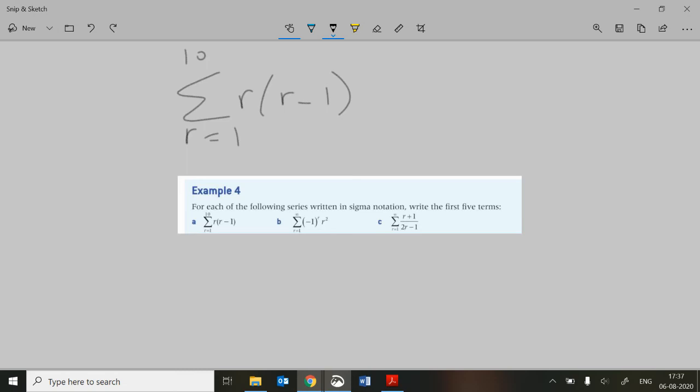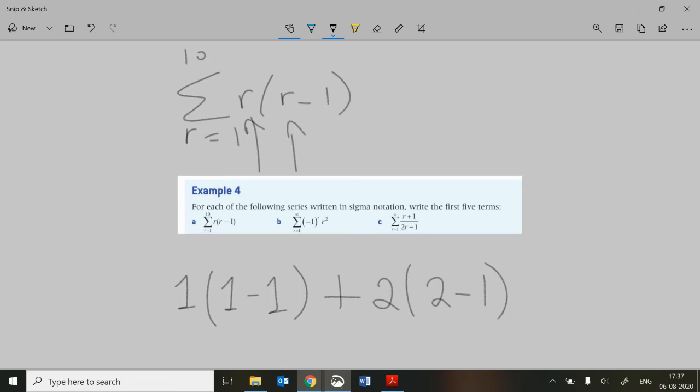Right, when we put in R is equal to 1, we're going to get 1 times 1 minus 1 there. That's the first term. Then we're going to need to add in 2 times 2 minus 1. All I'm doing is substituting R into each of these and adding together each of those terms. Now, I can do dot, dot, dot and add these together as well.